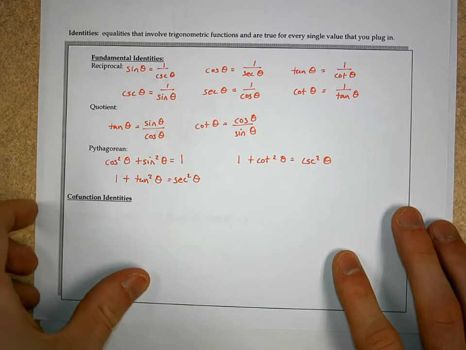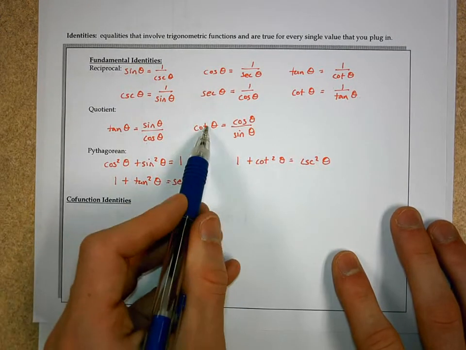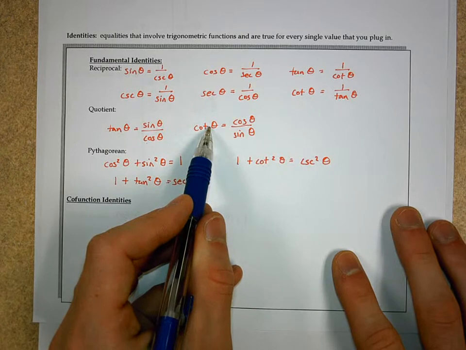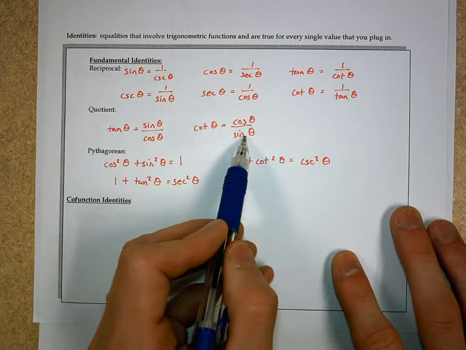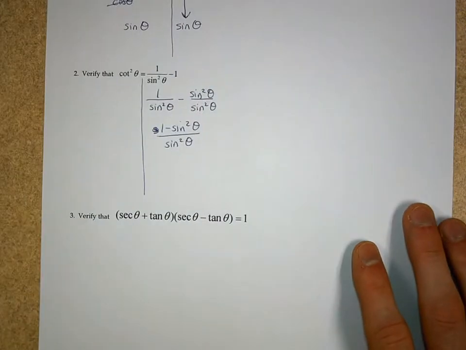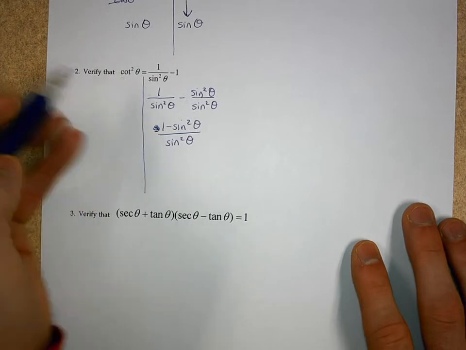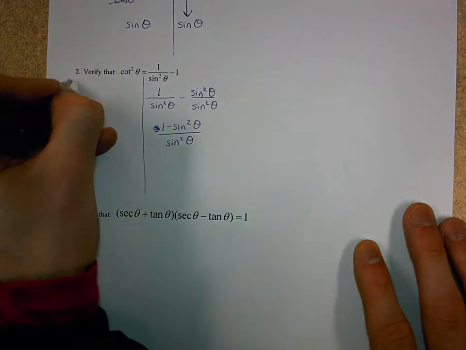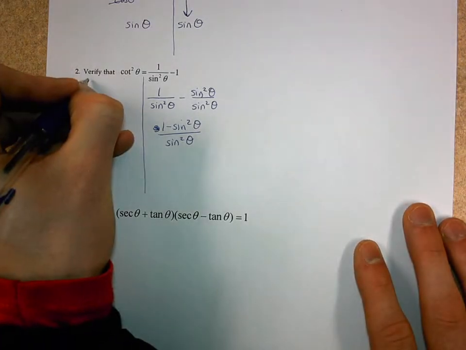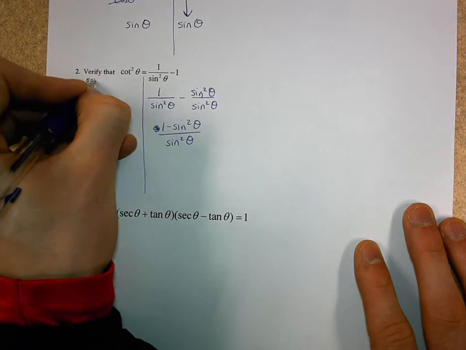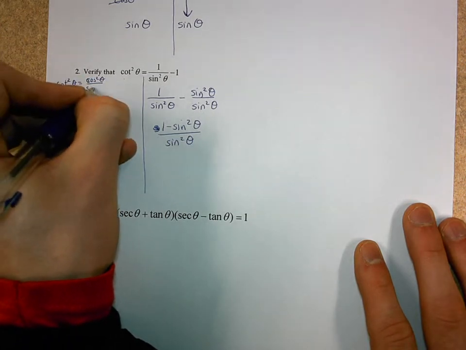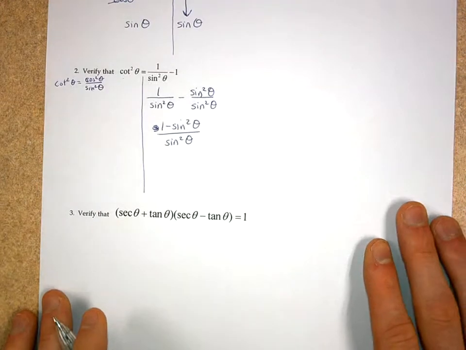Which means if I square it, cotangent squared, which is what I want, is cosine squared over sine squared. So really, in the back of my mind, I know that cotangent squared of theta is going to be the cosine squared of theta over the sine squared of theta.